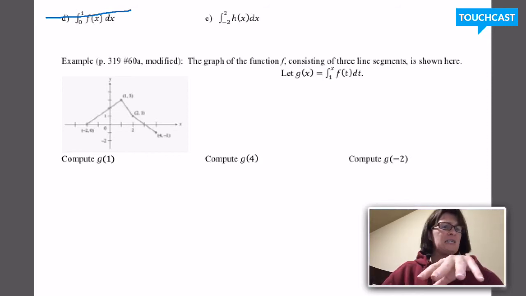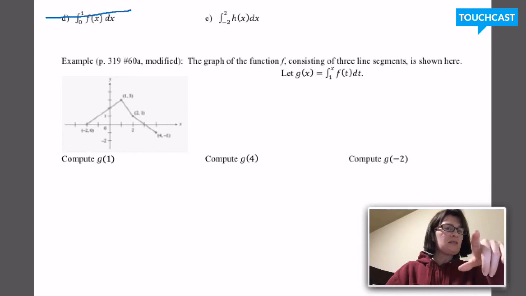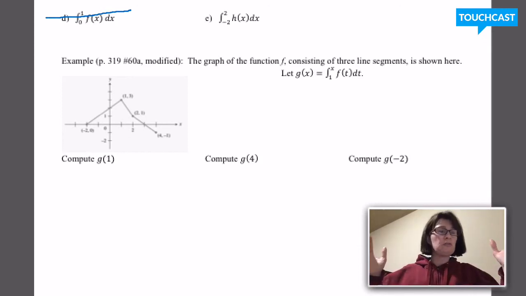Similarly, letter E. We've been told the area under the h curve from -1 to +1. This integral asks us to find the area under the h curve between -2 and 2. But we don't know anything about the behavior of h outside of the interval -1 to 1.